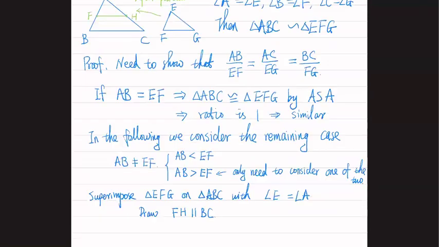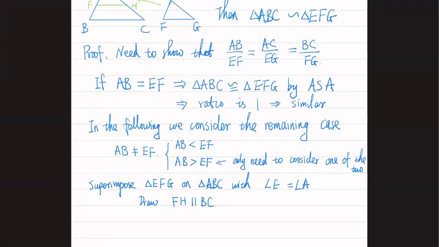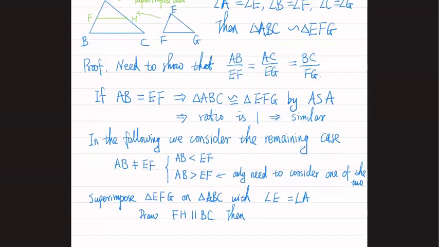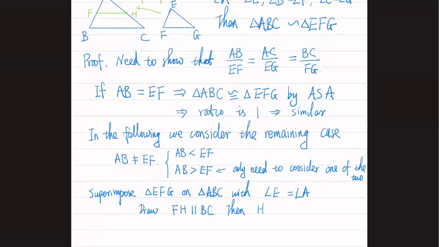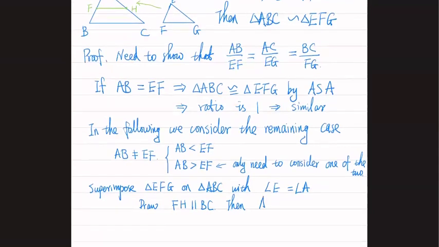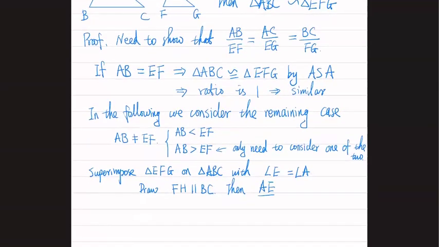Okay, so by our big theorem, then AE over AB, AH over AC, EH over BC.